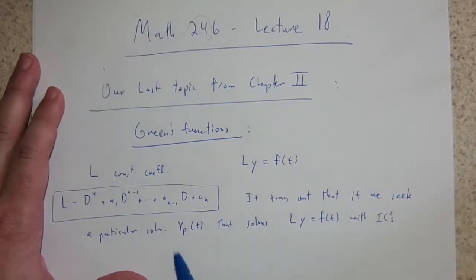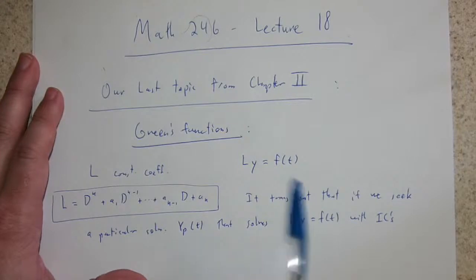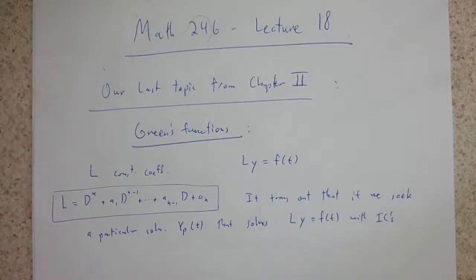So remember, typically when we are looking for a particular solution, we're just happy that it solves a differential equation. We don't necessarily care about the initial conditions that it would satisfy, right? If you found a particular solution, you're looking for a single one. This is not a general thing in the same way that we say something's a general solution. We're looking for a single solution that makes this work.